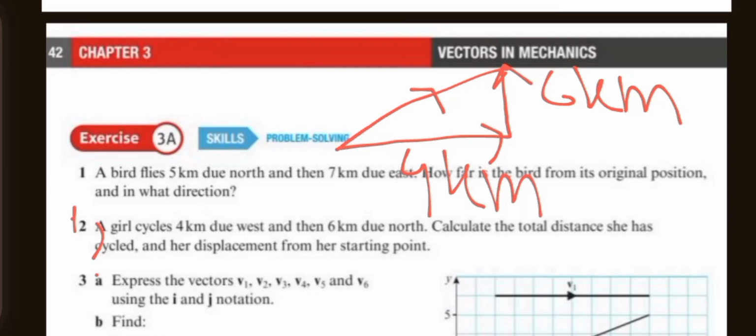Head to tail, and then again head to tail, and it would be in the opposite direction. Now distance is the measure of length, so we're just going to add them up.